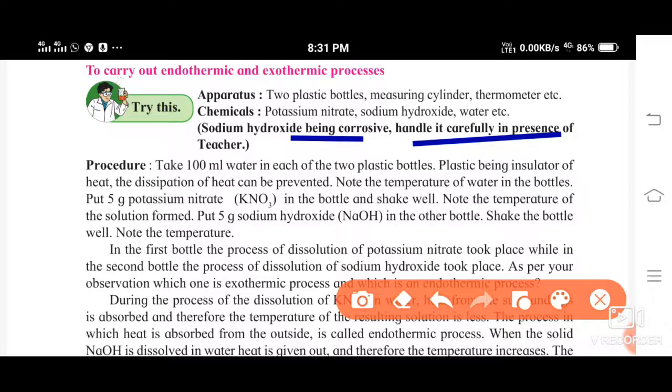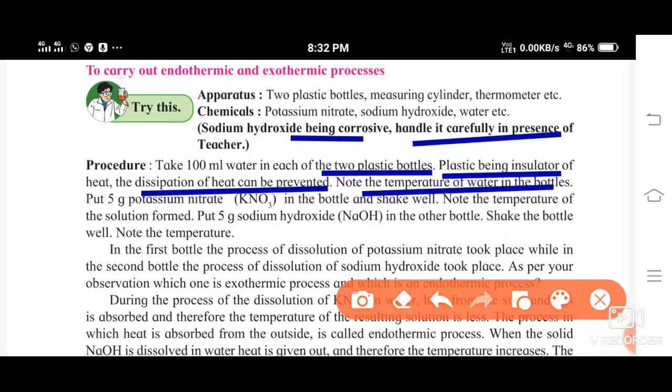Plastic being an insulator of heat, the dissipation of heat can be prevented, meaning the transfer of heat from inside to outside and from outside to inside is prevented. Note the temperature of water in the bottles.